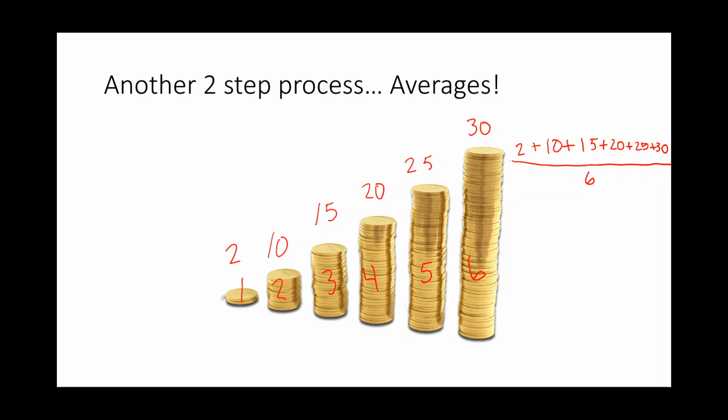So 2 plus 10 plus 15 plus 20 plus 25 plus 30. And that's going to give me 102 coins over 6. So if I take 102 and divide it by 6, I will get 17 coins. So on average, there are 17 coins in each stack.